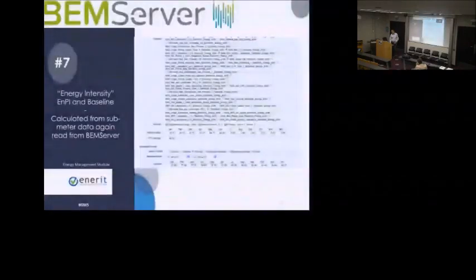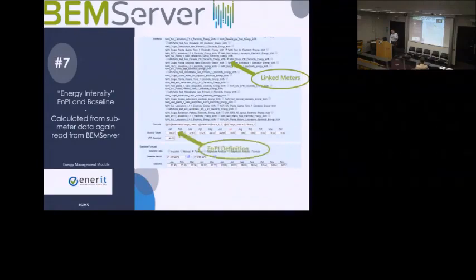A little bit of detail, probably not readable from where you are, but just to highlight where the BEMSERVER comes in here: our mapping involves linking meters, or linking measurements, to produce this data, and the EnPI is based on those measurements, and the baseline is based on those measurements. So having the BEMSERVER available means this is very reproducible for other sites, other customers, or future users of the BEMSERVER.